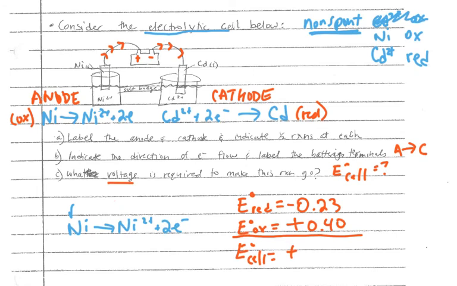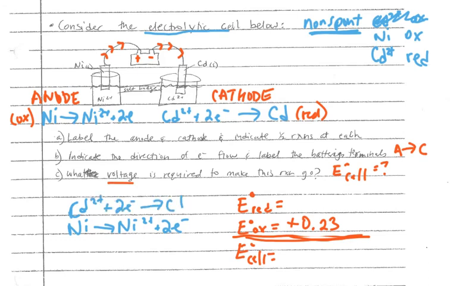And the oxidation of this will be the opposite, the inverse, whatever the opposite of negative 0.23 is, positive 0.23. And for cadmium, cadmium is the one being reduced. It's gaining electrons.